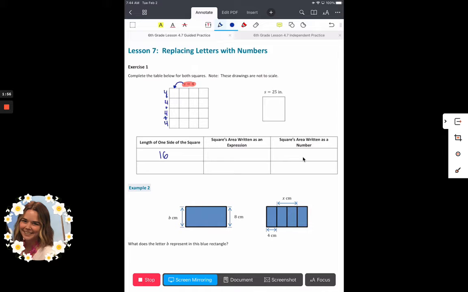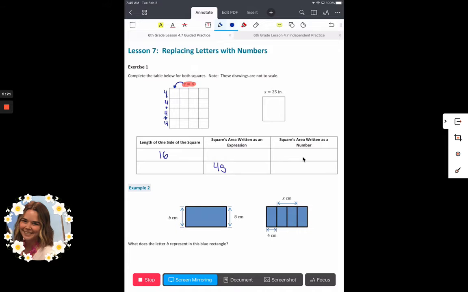So the square's area, written as an expression, for this particular square, we're going to change that expression up a little bit. So the normal way that we would write this for a square would be 4s. I'm going to put that in the space for the second square, since that's what we're going to use for that second square.